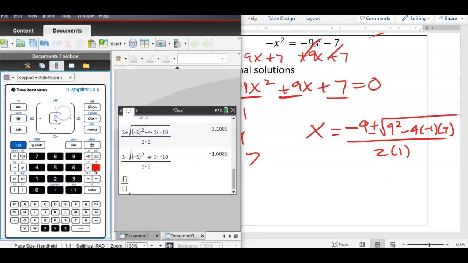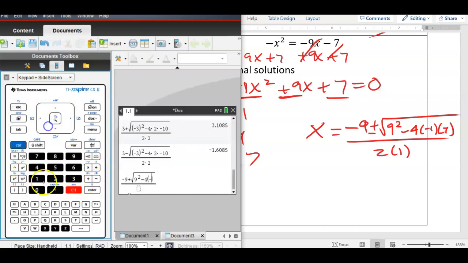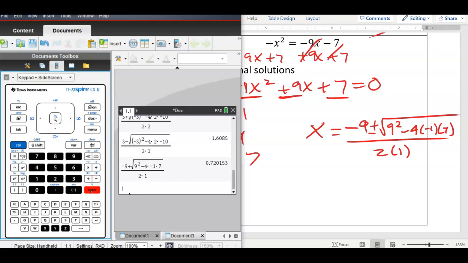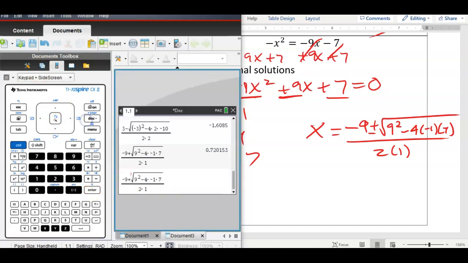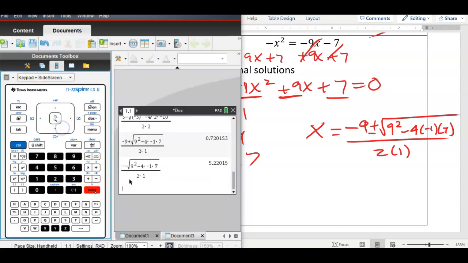Control divide, negative 9 plus square root 9 squared minus 4 times negative 1 times 7 over 2a. I hit enter. I get this. I go back up. I hit enter. I change that plus to a minus, and I get this.